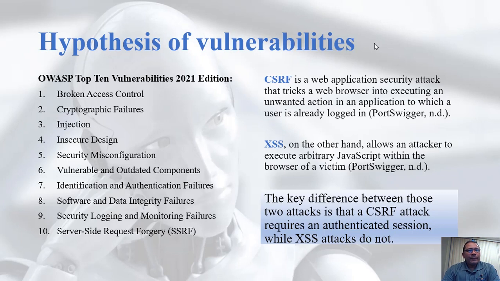The OWASP Top 10 is a standard awareness document for developers and web application security, like the Cyb610. It represents a broad consensus about the most critical security risks to web applications, and it is updated periodically to reflect changes in the threat landscape.